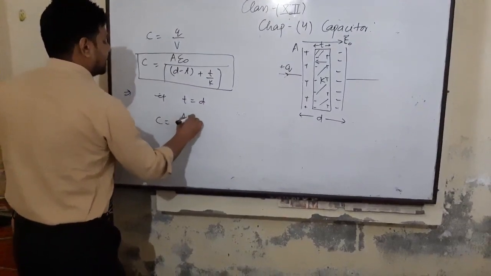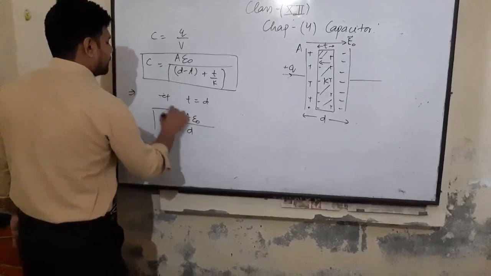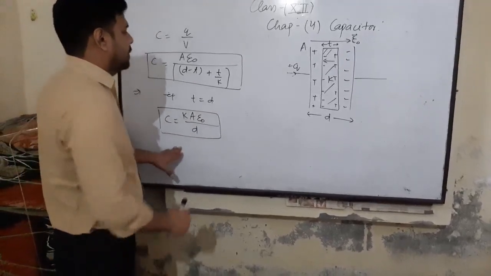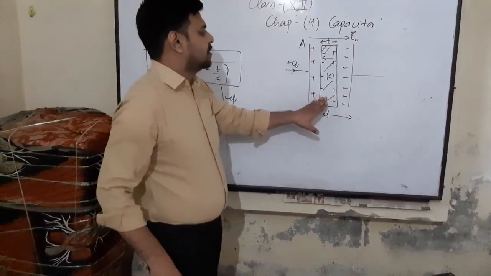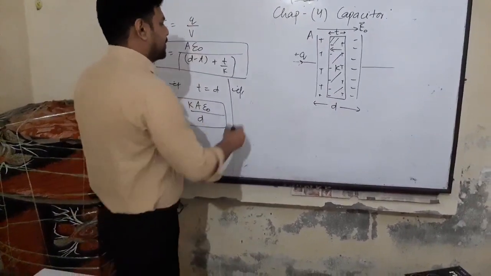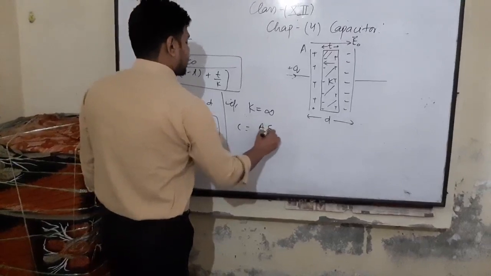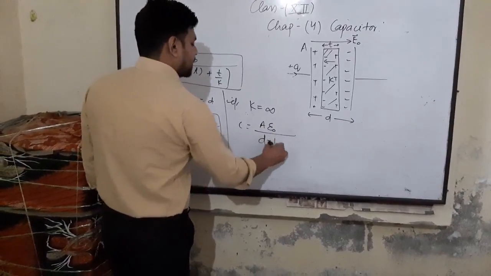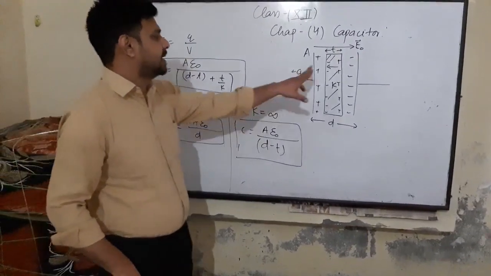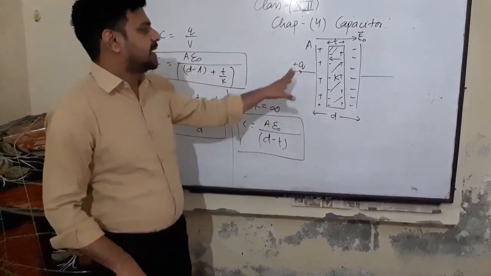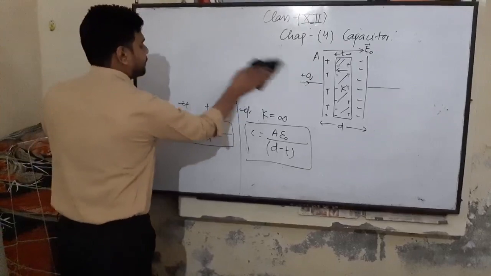Then we get K A epsilon naught upon D. And if in place of the dielectric we place a metallic slab, then for a metallic slab K is equal to infinite, so C is equal to A epsilon naught upon D minus T. This is the expression for the capacitance of a parallel plate capacitor when a metallic slab partially fills the space between the plates of the capacitor.